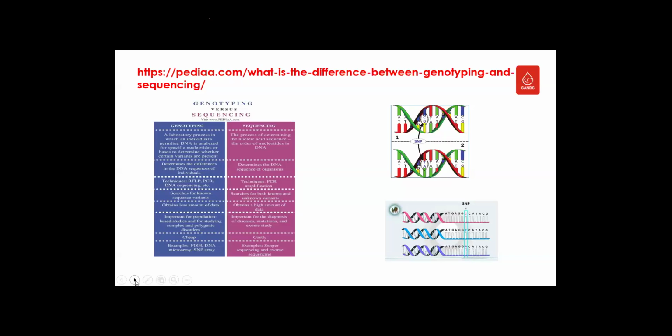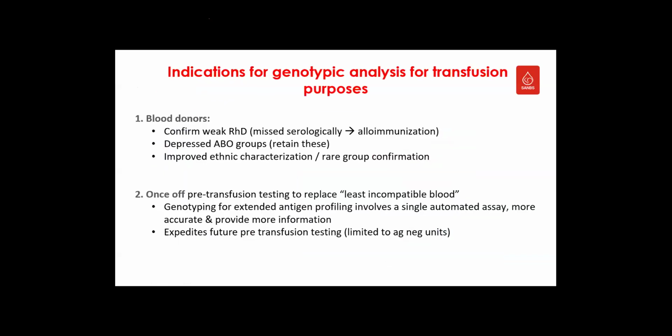So what are the indications for genotypic analysis for transfusion purposes? This is just bringing it into the clinical field. Firstly, in the transfusion center at Sambers or Western Cape Blood Transfusion, we use this for determining blood groups of our blood donors, not as a first-off test.